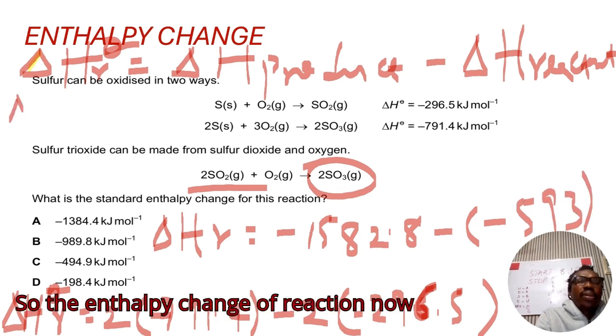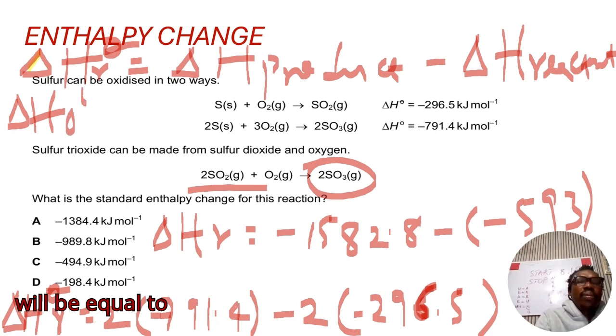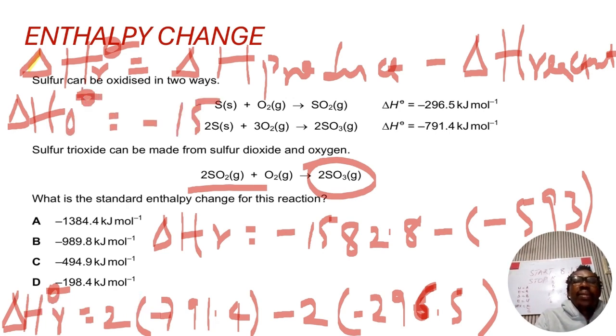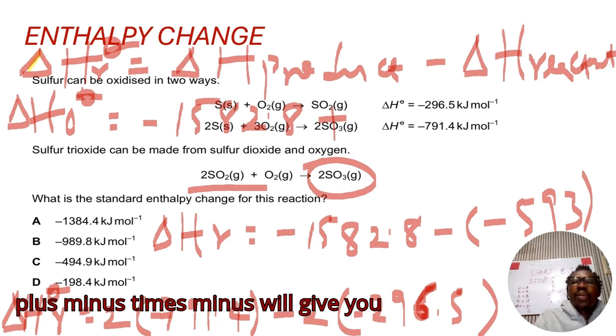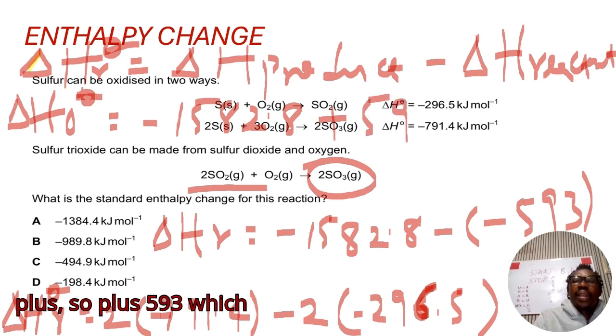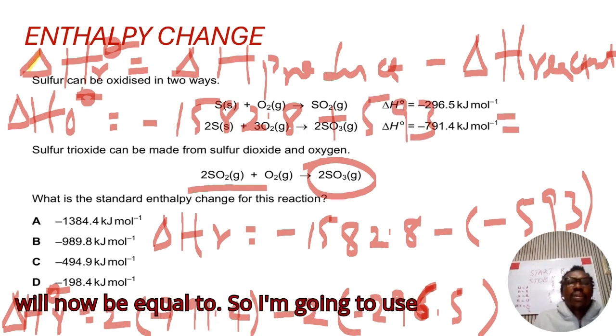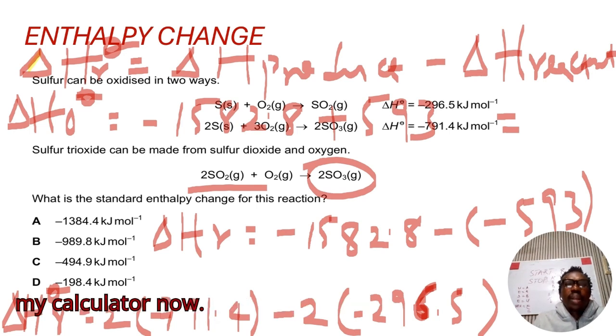So the enthalpy change of reaction now will be equal to minus 1582.8 plus, minus times minus gives you plus, so plus 593, which will now be equal to, so I'm going to use my calculator now.